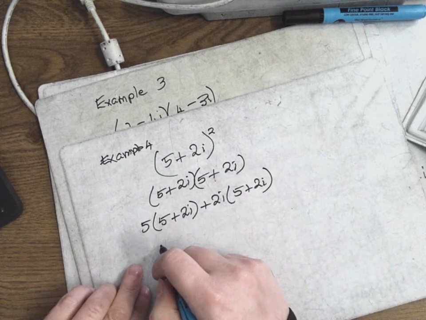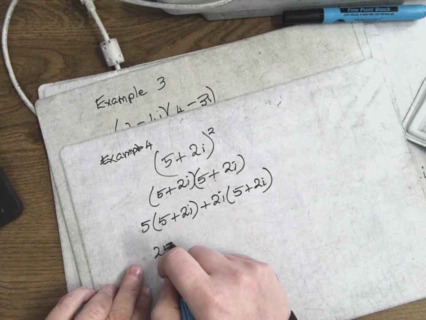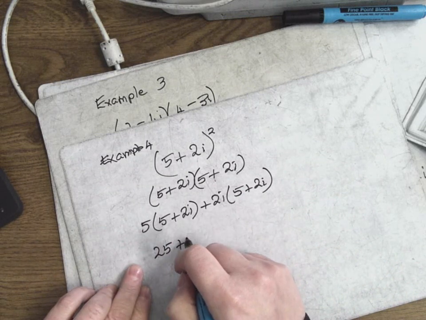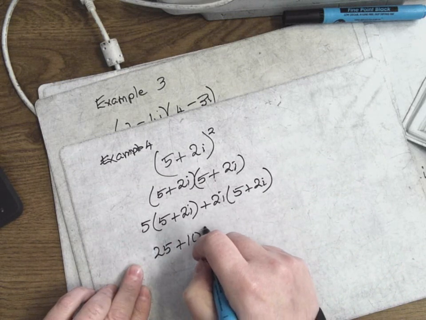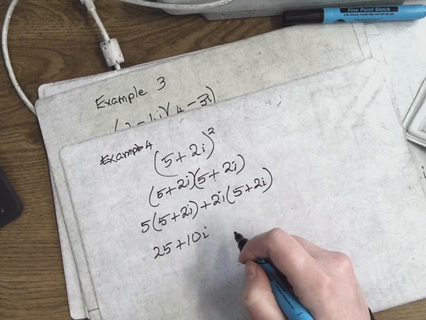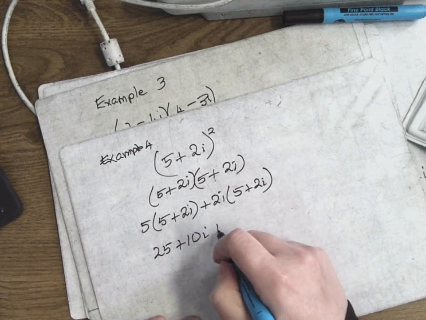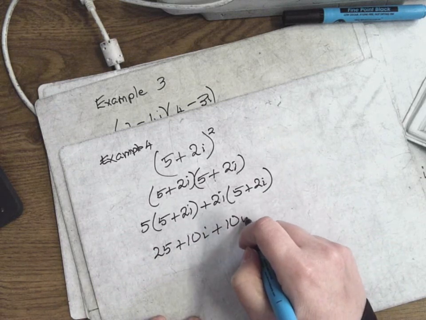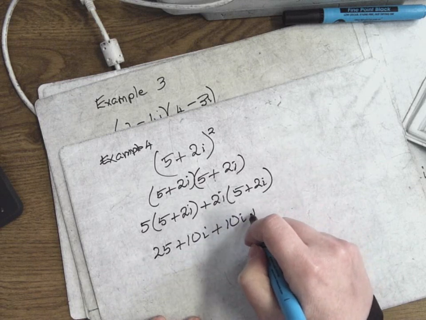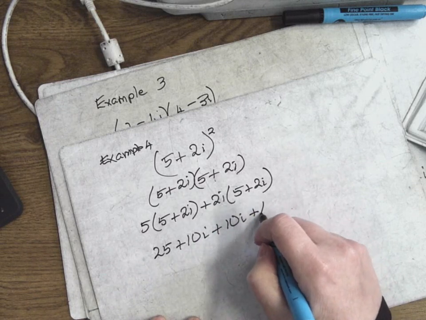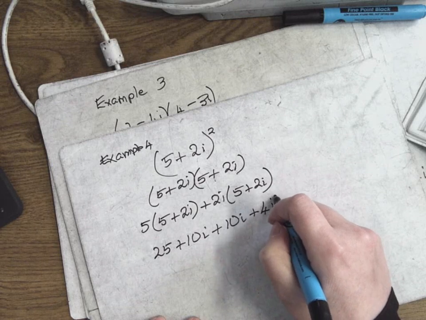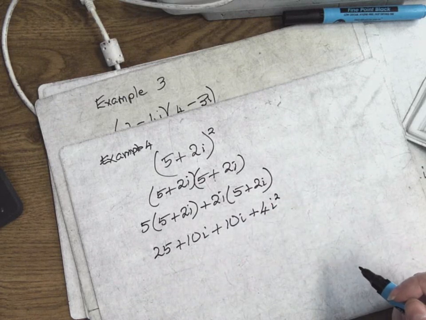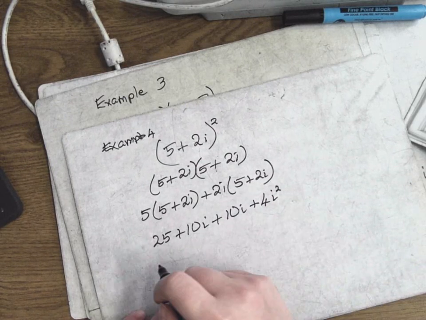Multiply, 5 by 5 is 25. 5 by 2i is 10i. I'm multiplying in by a plus, so I don't need to worry about signs. Plus 2i by 5 is plus 10i. And plus 2i by plus 2i is plus 4i squared. The minute you see an I squared, you replace it with a minus 1.